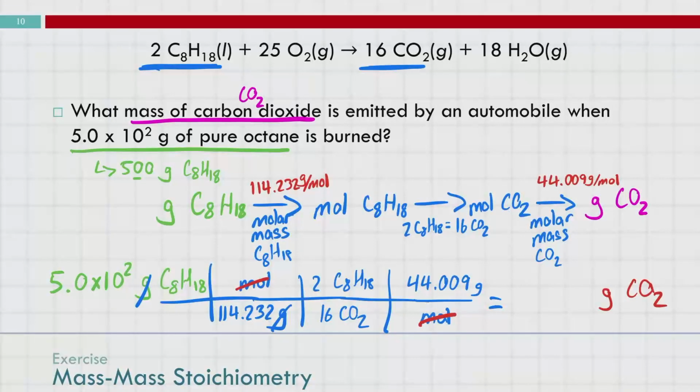If we go back and look at this, this is not a correct solve. So we've got the grams canceling with the grams, we've got the moles canceling with the moles to get the grams back, but we did not properly apply our ratio. We've got C8H18 on the top, and we have it on the top in our conversion factor.